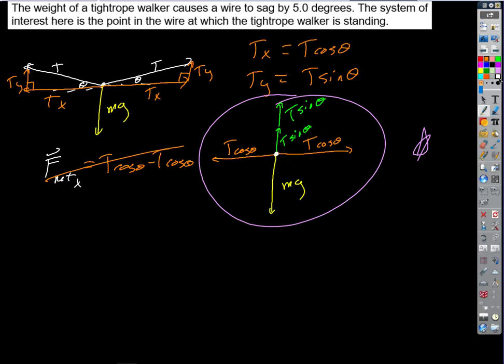But the vertical one is the one that's important. So if we look at the vertical equation of motion, the y component of the net force, what are the positive contributors? 2T sine theta. Yeah, these two, so I've got 2T sine theta, minus mg, equals mass times the vertical component of acceleration, which is what?